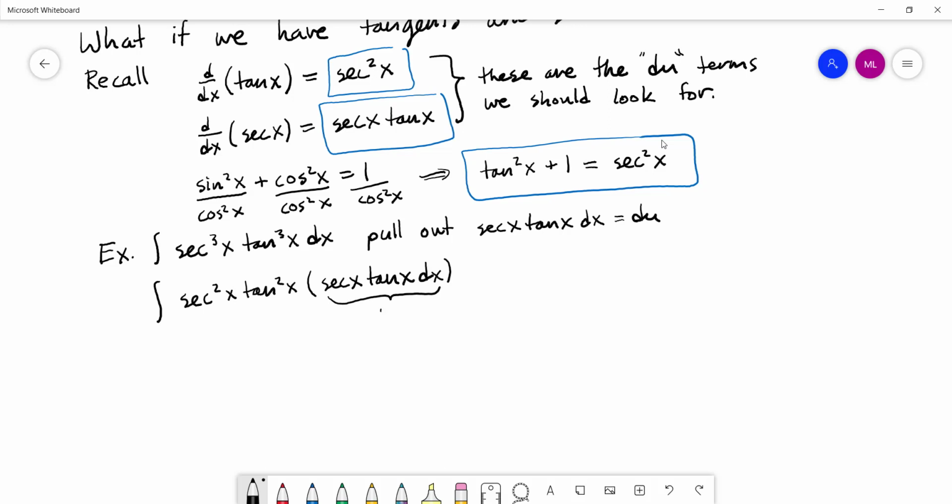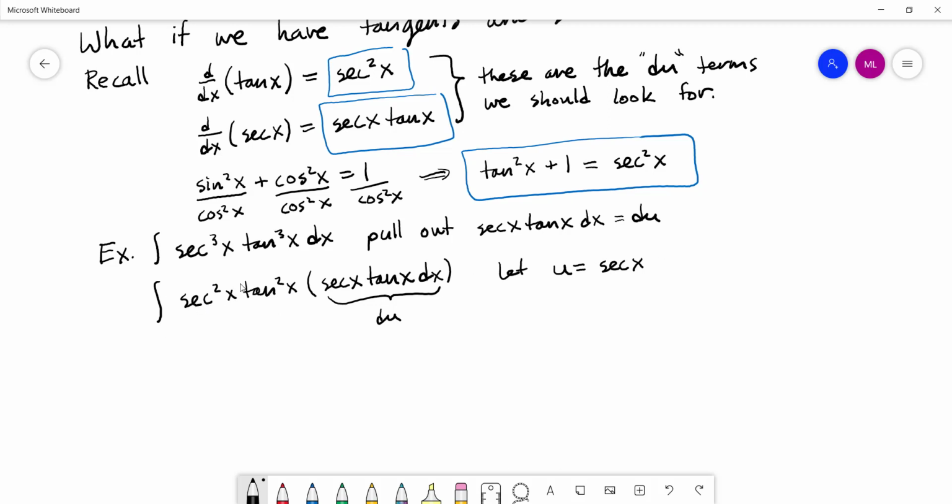Here's our du. What does that mean our u looks like? That must mean that our u is secant of x. So if u is secant of x, that gives us this particular du, and that means I want to write everything over here in terms of u, in terms of secant of x.